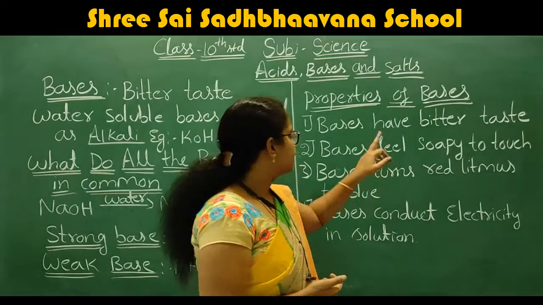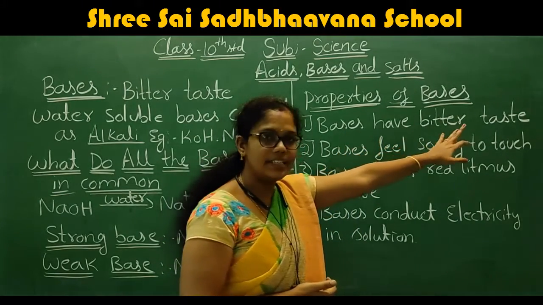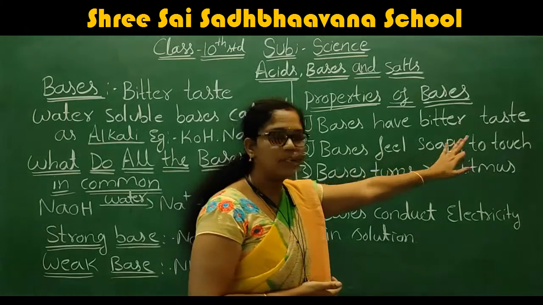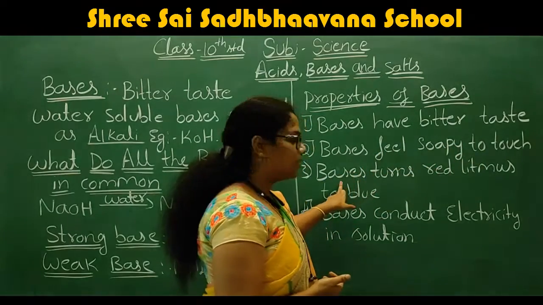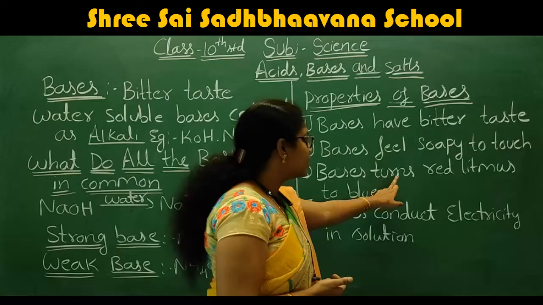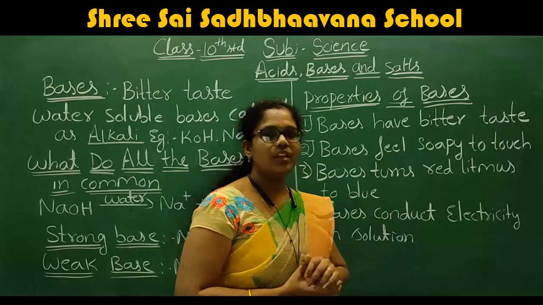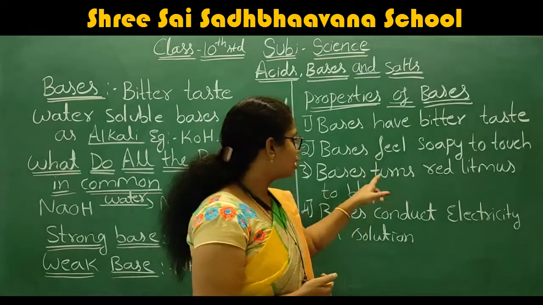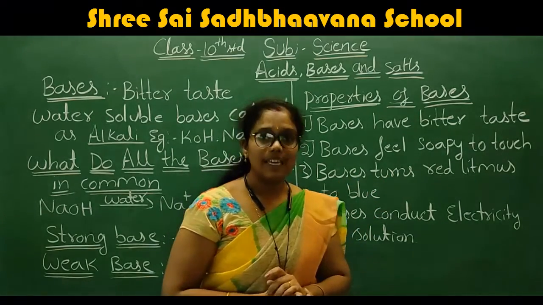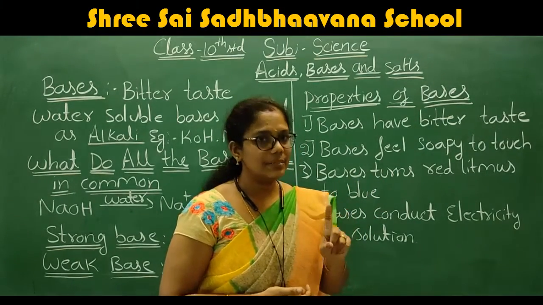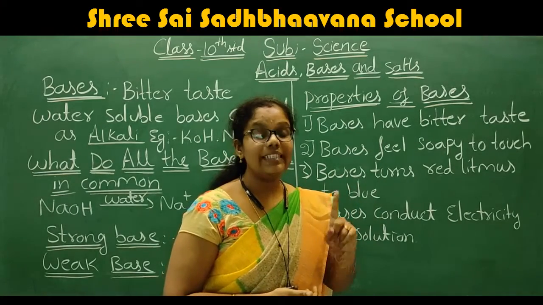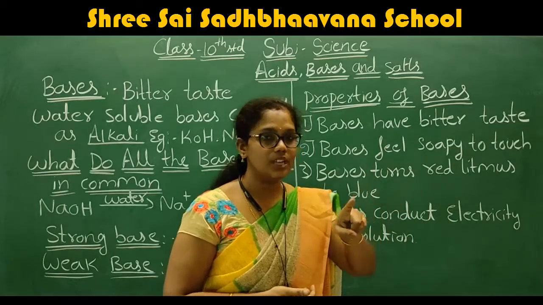First point, bases have bitter taste. Second point, bases feel soapy to touch. Third point, bases turn red litmus to blue. If you put red litmus paper in the solution of a base, it turns the red litmus paper blue. What does an acid do? Acid turns blue litmus paper red.